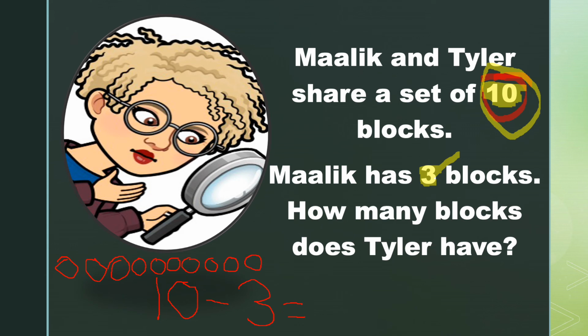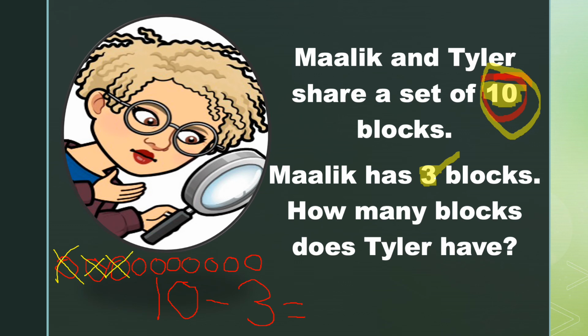Then we know that Malik took 3 away. Remember we said before that to show what was taken away, we'd put an X on them. So let's put an X on 3 of these circles. 1, 2, 3.